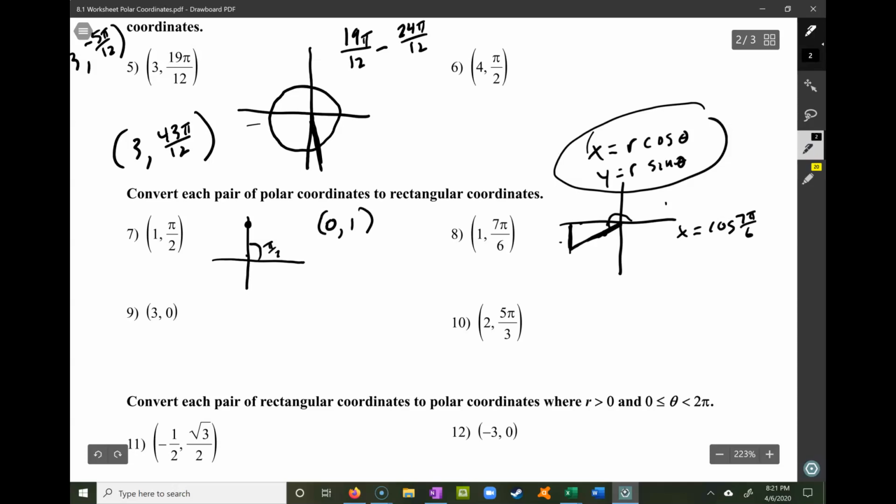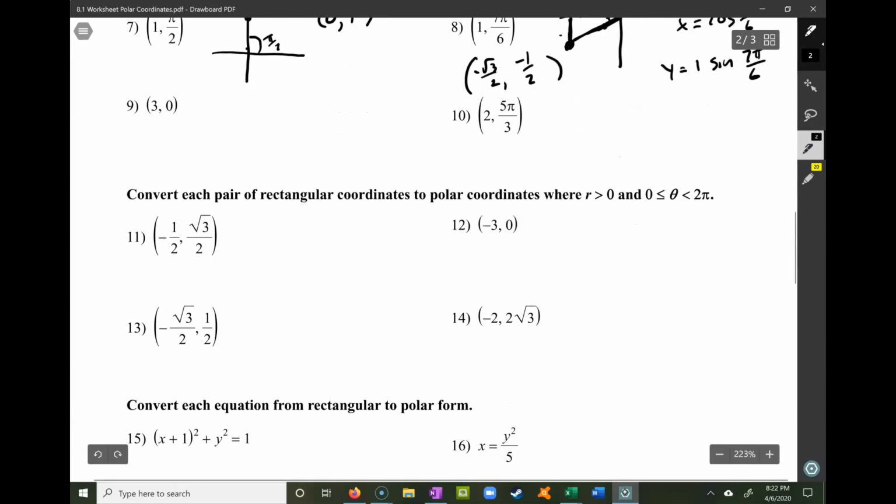And of course 7 pi over 6, that would be negative rad 3 over 2. So the x-coordinate would be negative rad 3 over 2. And the y-coordinate would be 1 times sine of 7 pi over 6. And of course that would be -1/2. So that is the rectangular coordinates of that point.